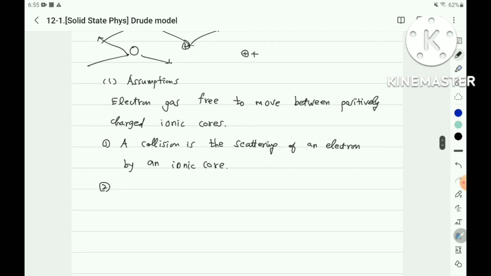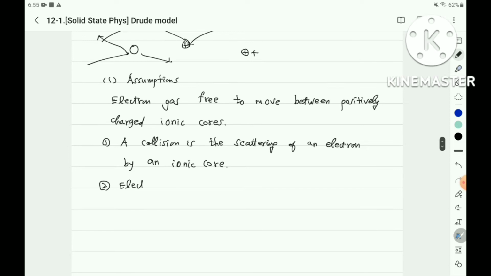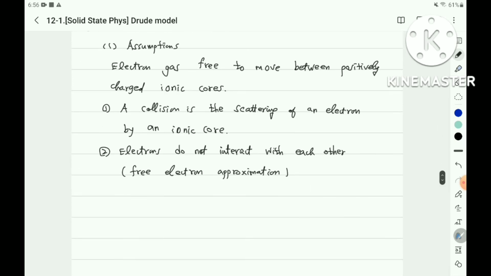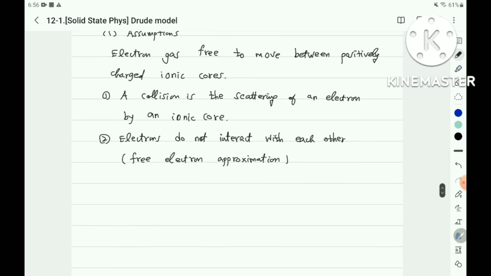Electrons do not interact with each other. In other words, we call it the free electron approximation. Electrons can be considered free even though there are many electrons.